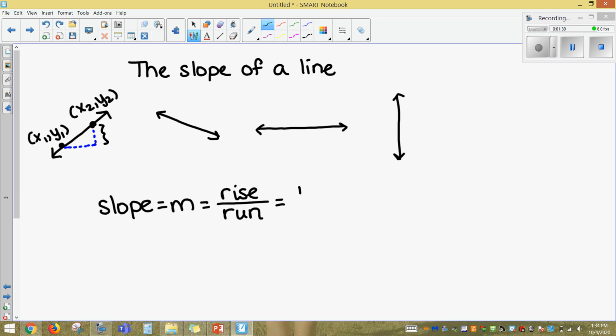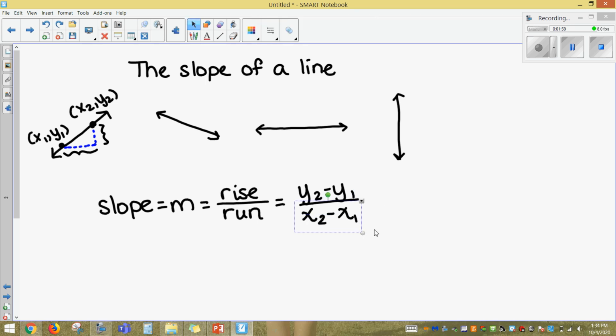So if I want to find the rise, I can do that by subtracting the y's. If I want to find the run, meaning how far I have moved left or right between the 2 points, left and right movement has to do with the x values. Anytime that I need a distance in one dimension, meaning only in x's or only in y's, distance is found by subtraction.